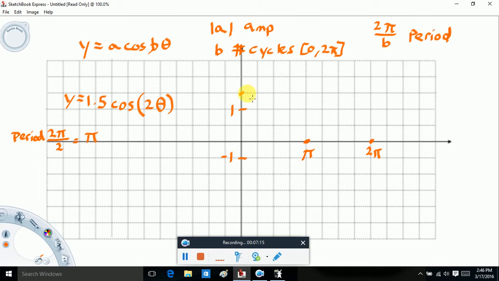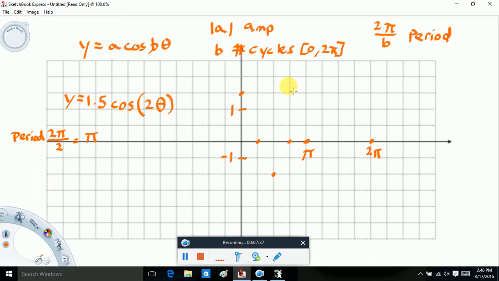So a quarter of the way down, it goes to 0, right? Then halfway through, it reaches the minimum. 3/4 of the way, it's back at 0.